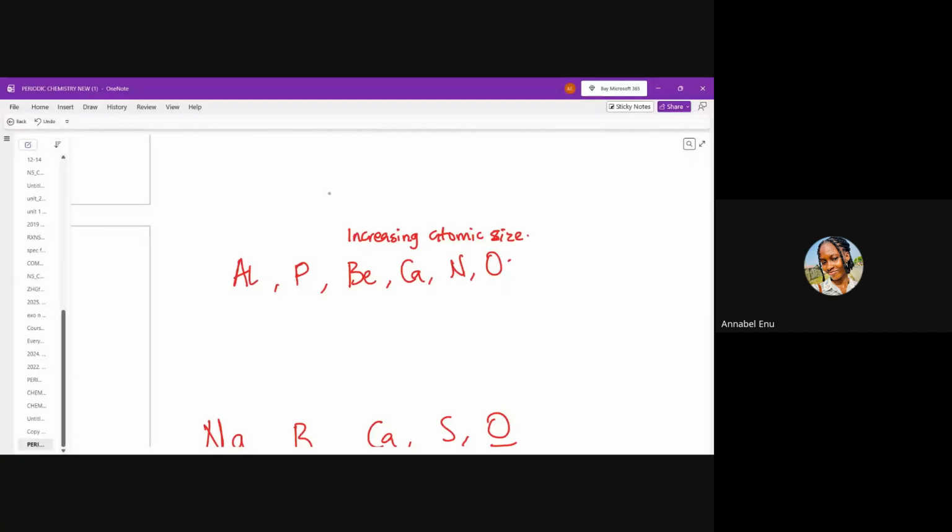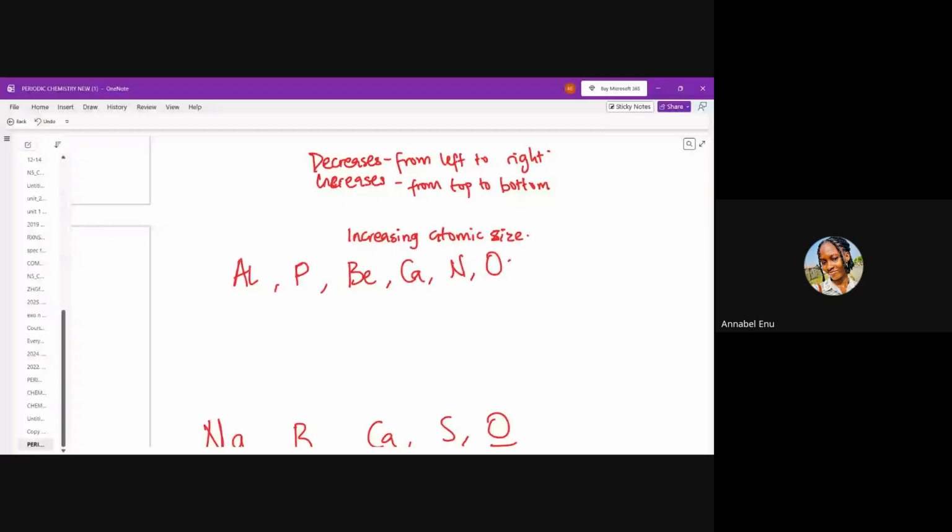Okay, we know that in terms of atomic size, it decreases from left to right, and it increases from top to bottom.